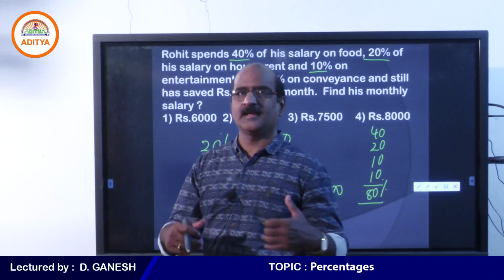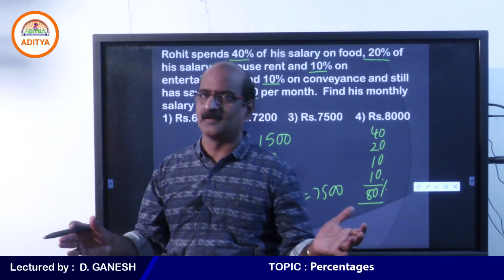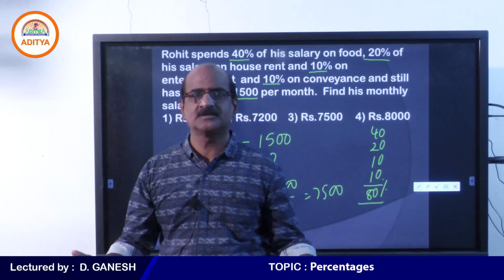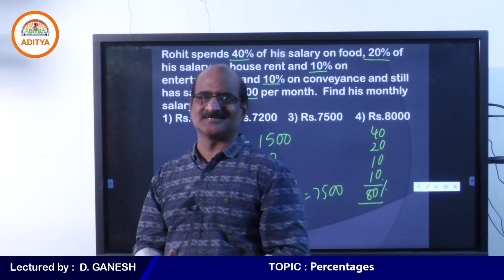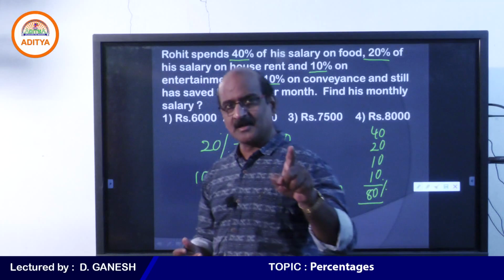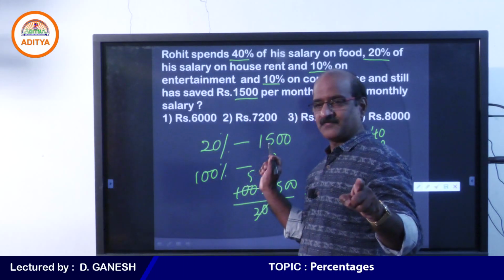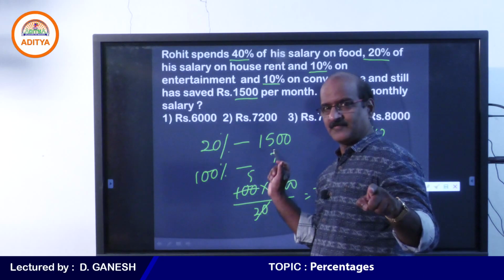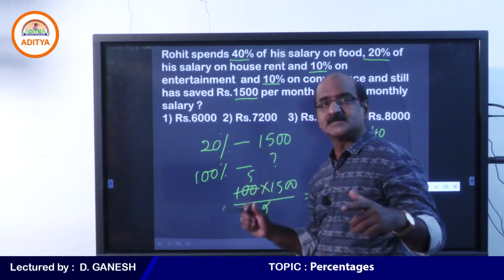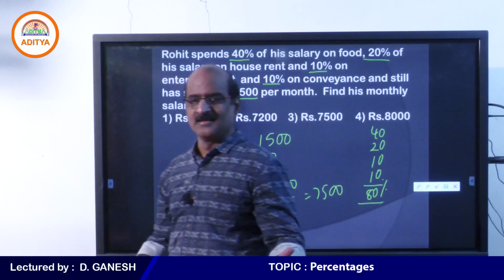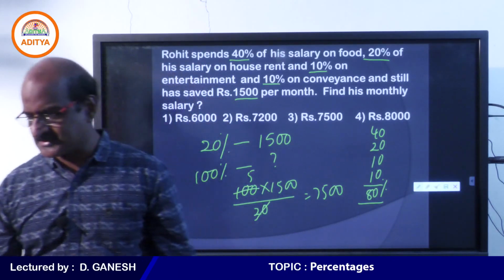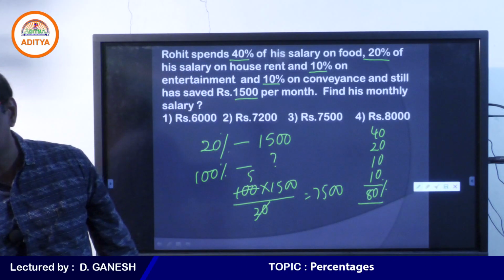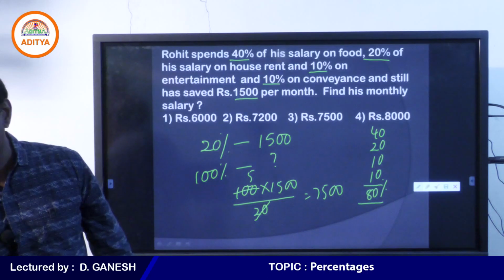Obviously he must be left with only 20%. So that 20% is 1500. When 20% is equal to 1500, what is his salary? Therefore 100% is 7500.